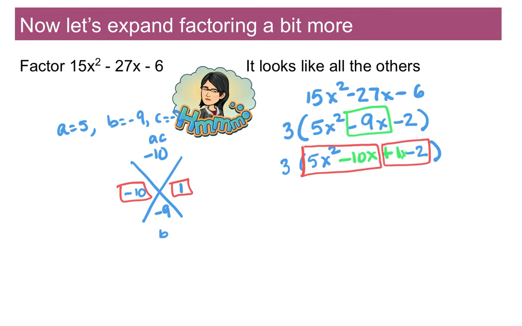I've got still that 3, not going to forget it. And start to use the square bracket. In this first set right here, I can pull a greatest common factor of 5x, leaving me with x minus 2. And for the second part here, the greatest common factor is just plus 1, leaving me with x minus 2.